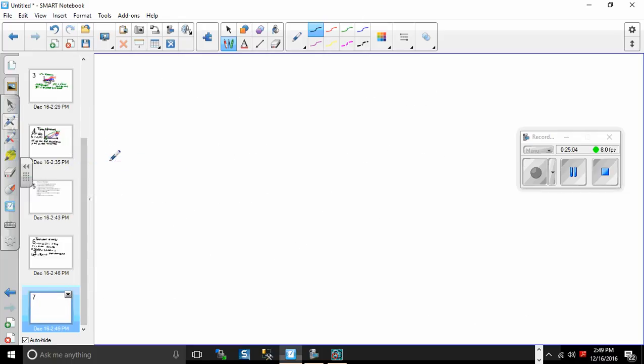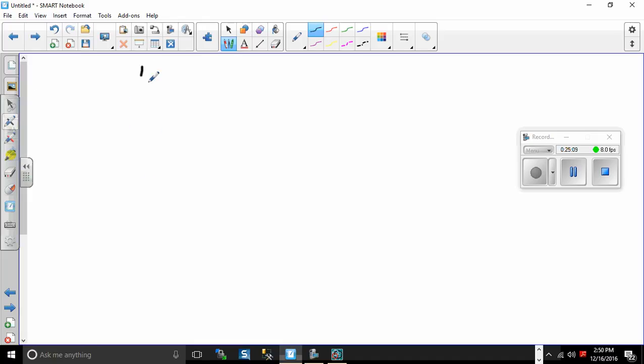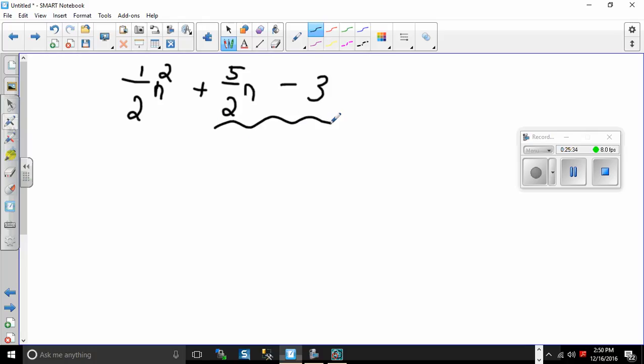For large n, let me write the formula again. The formula is this quadratic, 1/2 n squared plus 5/2 n minus 3. Now, suppose we have a million elements. Then these two terms become inconsequential, because 1 million squared is very much larger than 5/2 times a million.